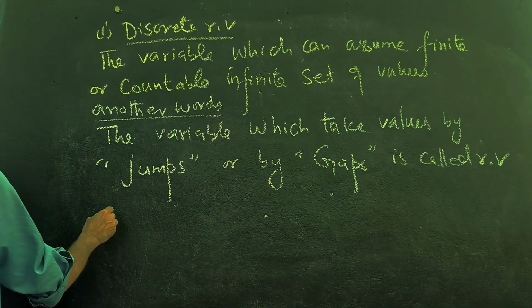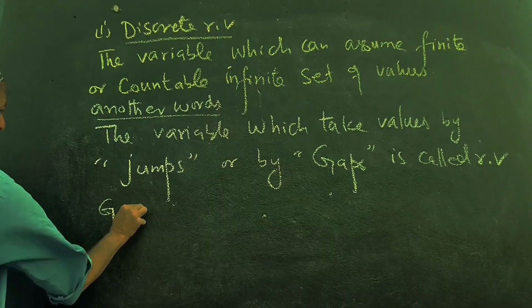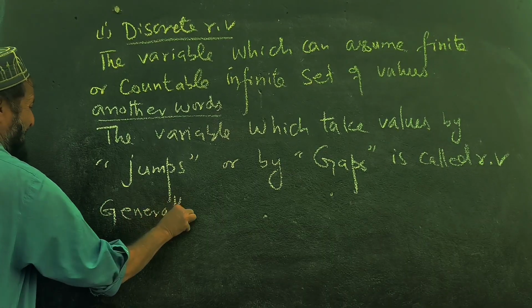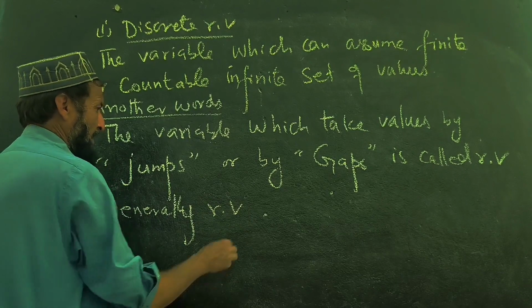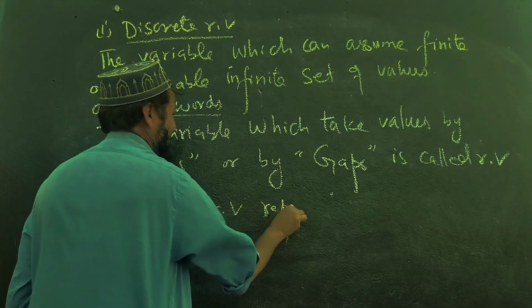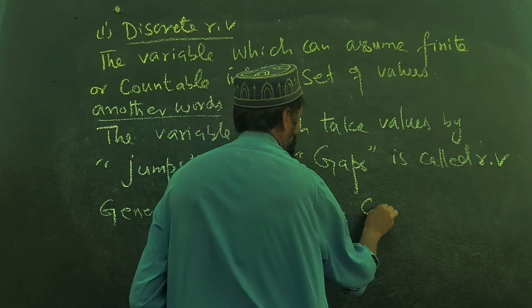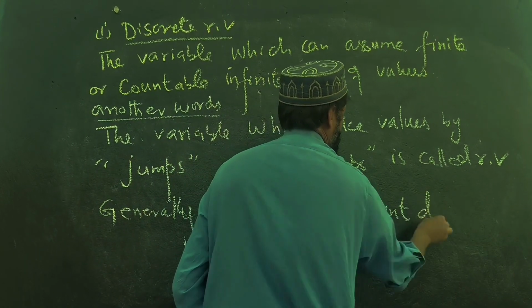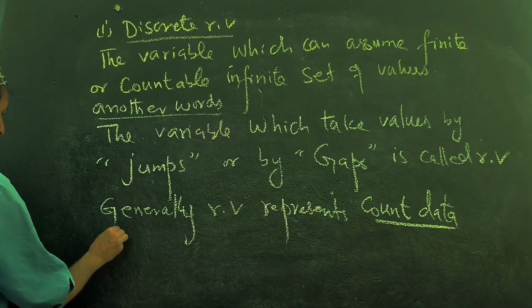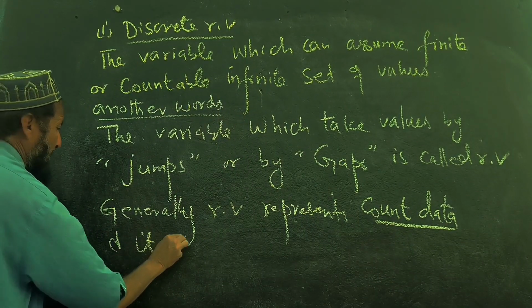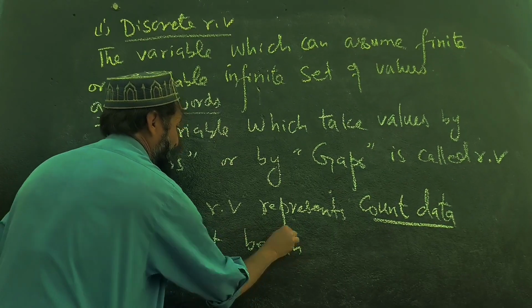Generally, a discrete random variable represents count data and it must be in whole numbers.